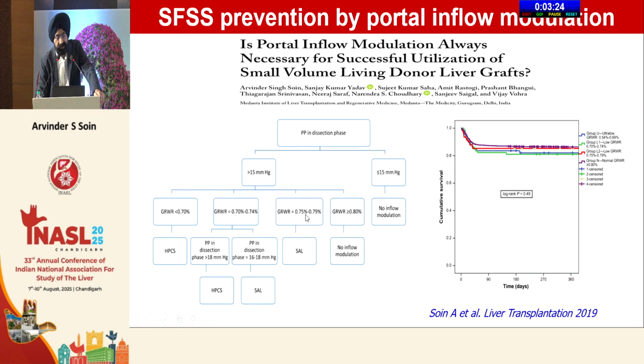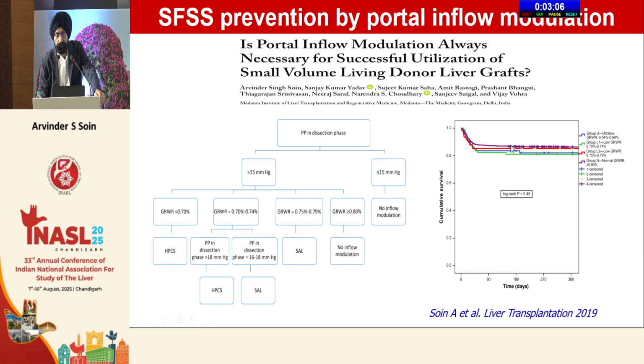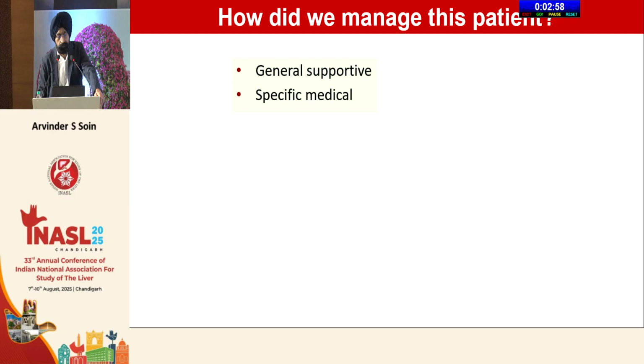And in borderline GRWR low grafts, we did splenic artery ligation. So with this, we found that all kinds of grafts of various GRWRs, less than 0.7, 0.7 to 0.75, and more than 0.75, had similar survivals to those which were more than 0.8. So this was a good protocol of portal inflow modulation.